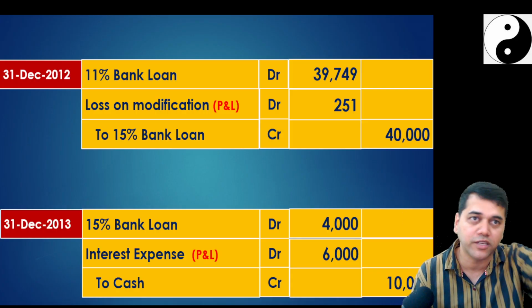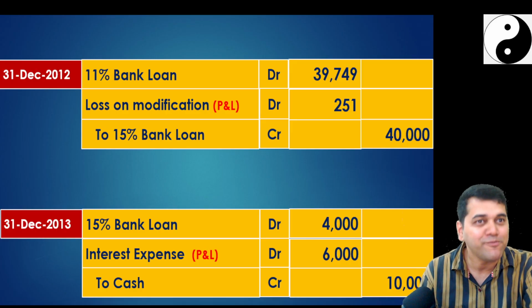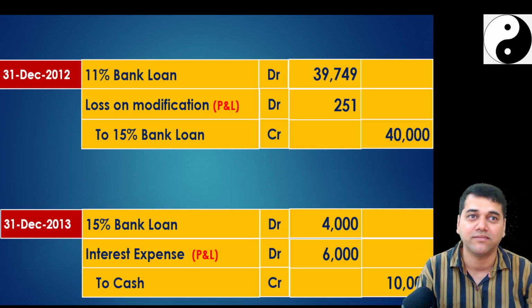Why? Because the new loan, sorry, not the original, the new loan was not off market. If it was off market, then that new loan would be amortized at a different discount rate.